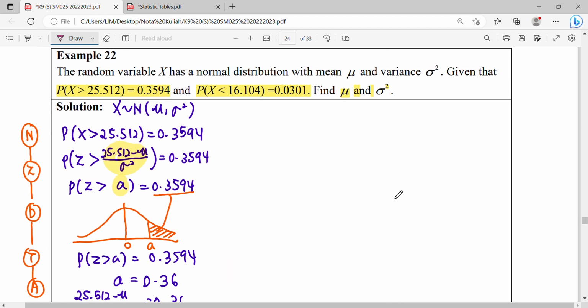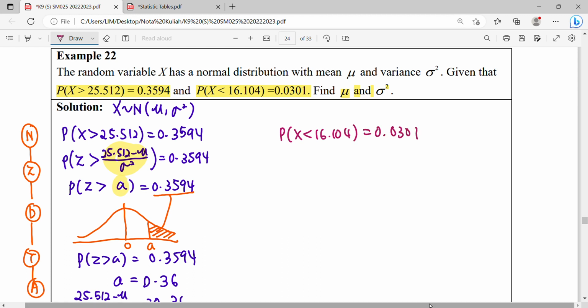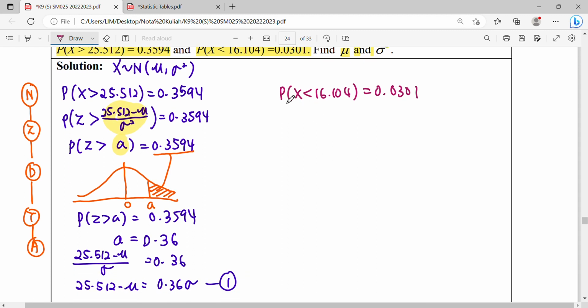So the second information comes here: P(X less than 16.104). Okay, same procedure. X is distributed normal, so the status is normal. Next step, we change it to standard z-score, where we minus the mean over standard deviation.